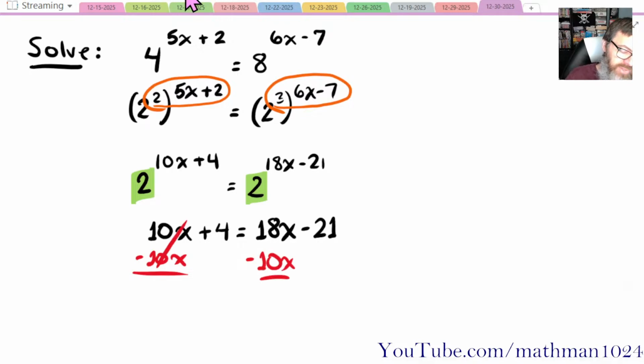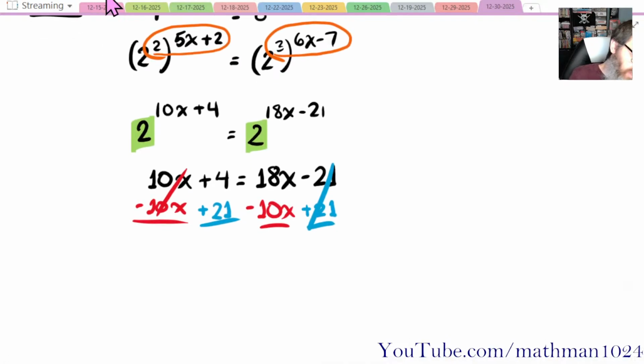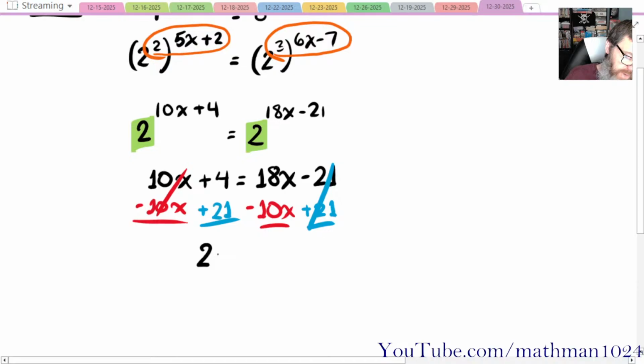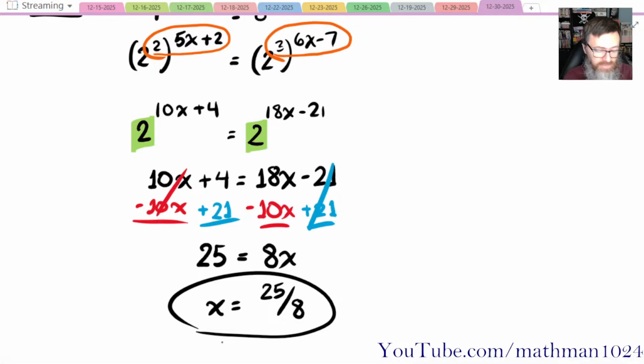And let's move the constants to the other side, so I'm going to add 21. And now we have 25 equals 8x, so x equals 25 over 8. Nice and easy. Nothing crazy going on there. We identify the common base, and we're good to go.